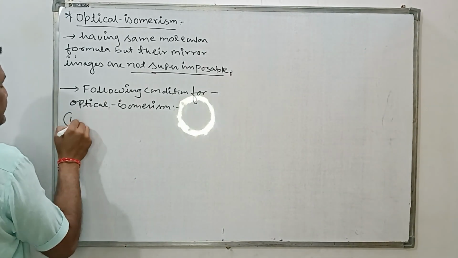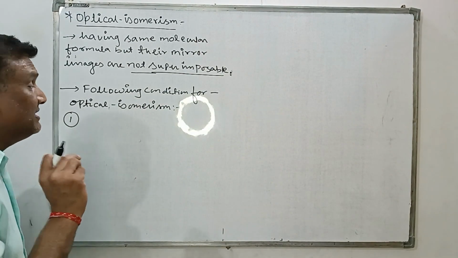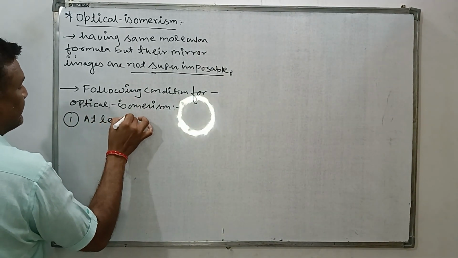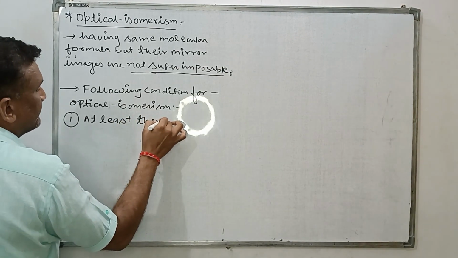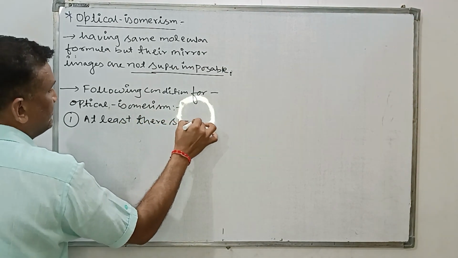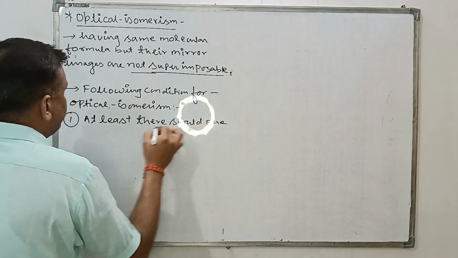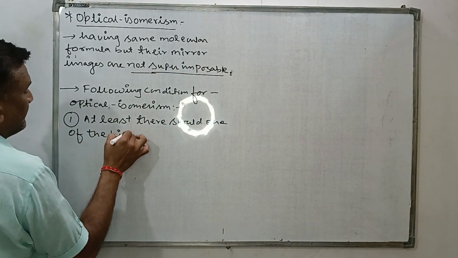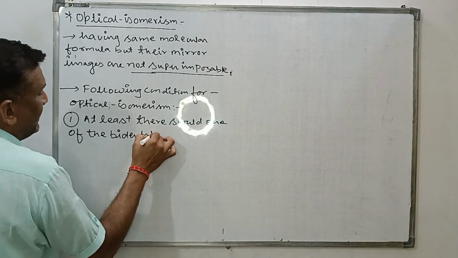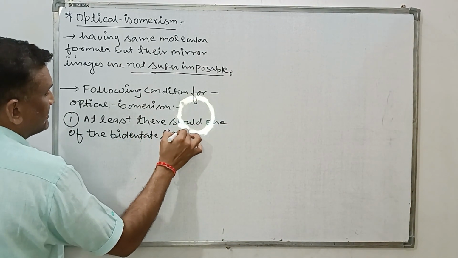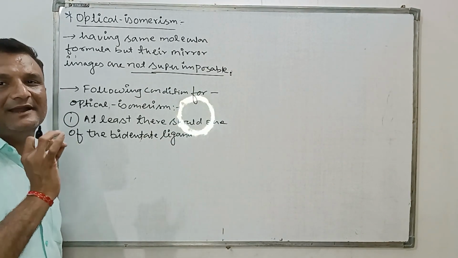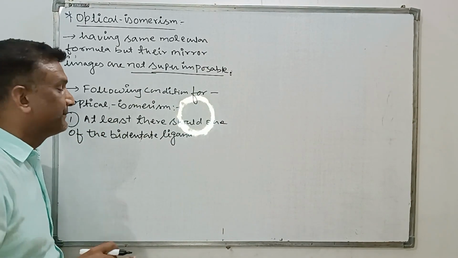First, at least there should be one bidentate ligand. This is the first condition. Means in a complex compound, there must be one bidentate ligand.